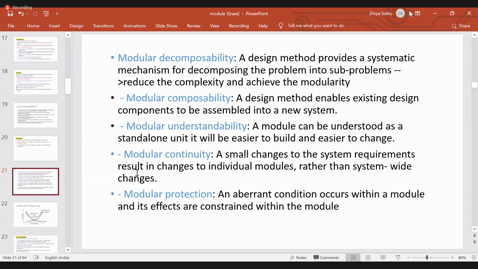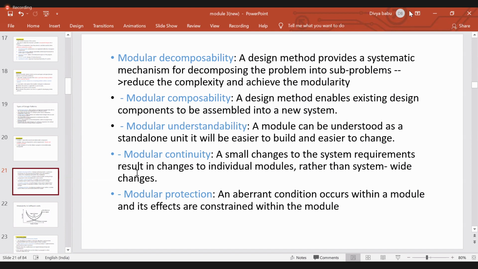Then modular continuity. Suppose you make a small change in your system, any updation. Then instead of changing the entire program, you can work on the particular module which affects the requirement. So that is another advantage.